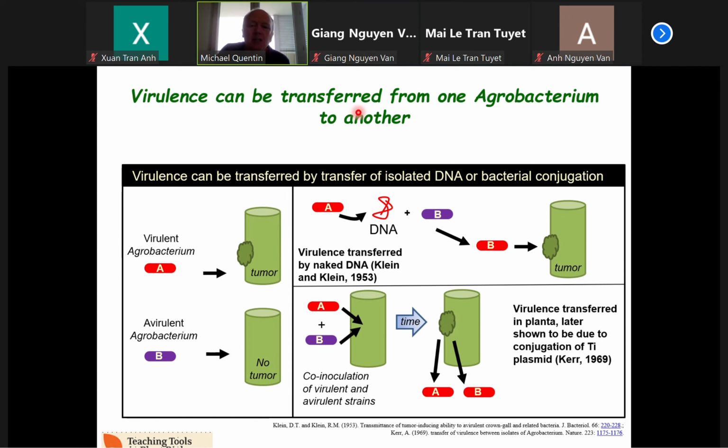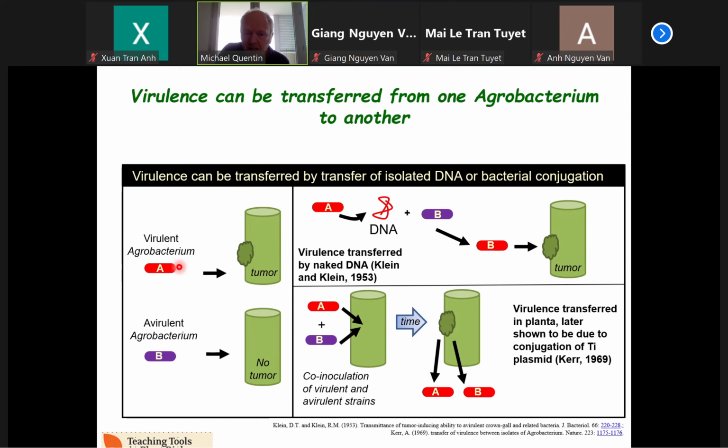Different experiments have been proposed, and researchers isolated some virulent forms of Agrobacteria that were able to induce tumor. Some of the strains of Agrobacterium were not able to induce tumor. And researchers could isolate DNA from the first strain, transfer it to the second strain, and this strain became virulent.